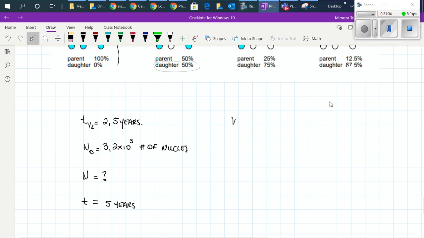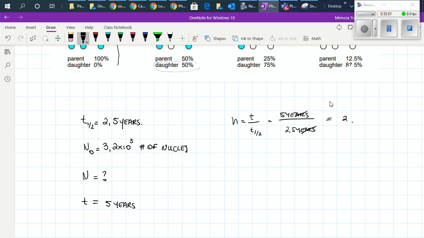So now the lowercase n, which is the number of half-lives, will be t, the time in which you are observing it, which in our case is 5, over t half-life. So 5 years over 2.5 years. What is important is that the units of time have to be the same. It doesn't matter what the units are, so years and years will cancel out.